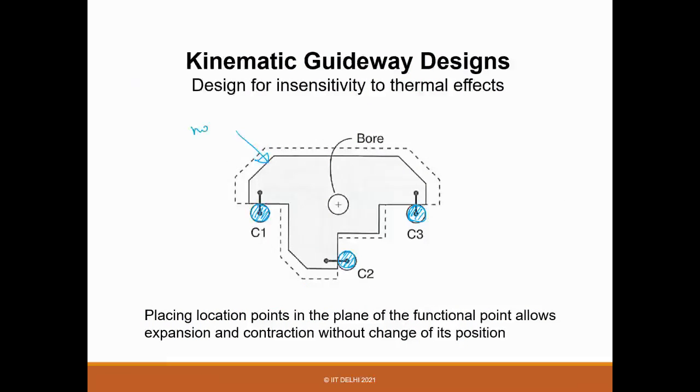Some nesting force should be there. So you can see that if there is expansion, it will go in this direction, this direction, this direction. But not this point. This point is purely insensitive. So this is called the thermal center.